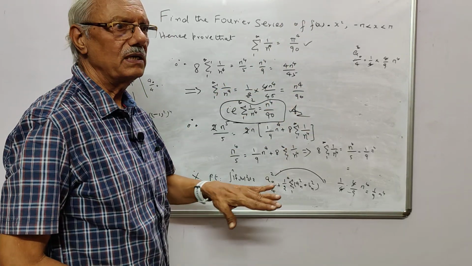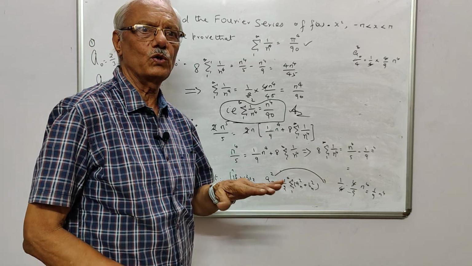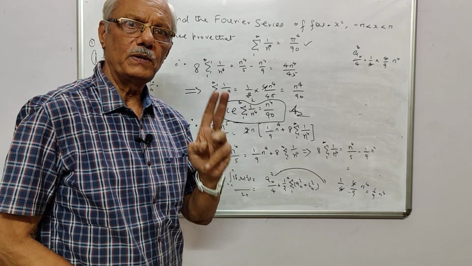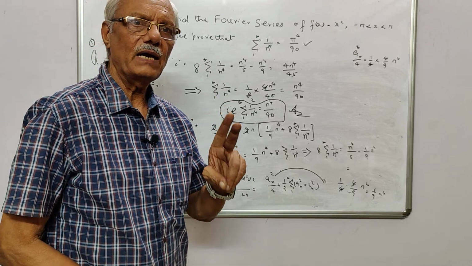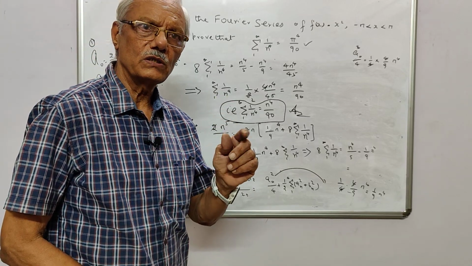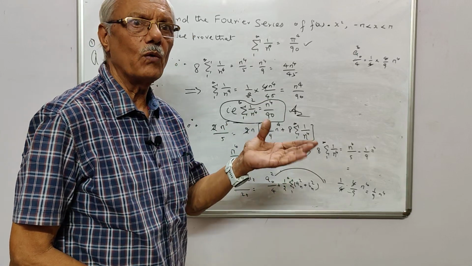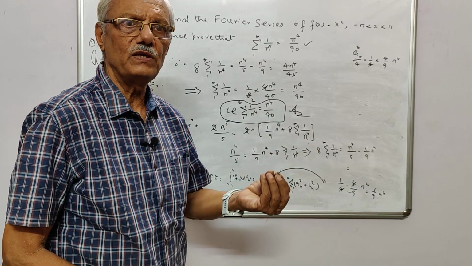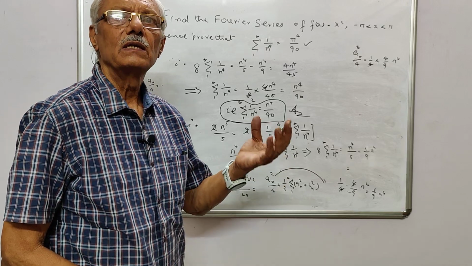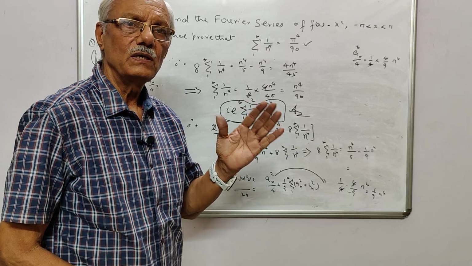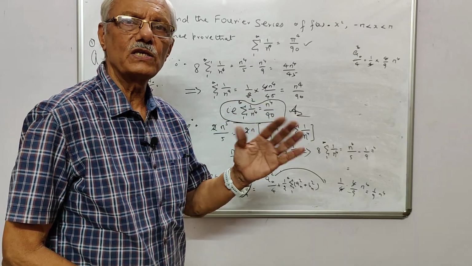So in this class I have taught you about Parseval's theorem and its application, and I have taught about odd and even functions and what will happen to the Fourier coefficients if f(x) happens to be even or odd.